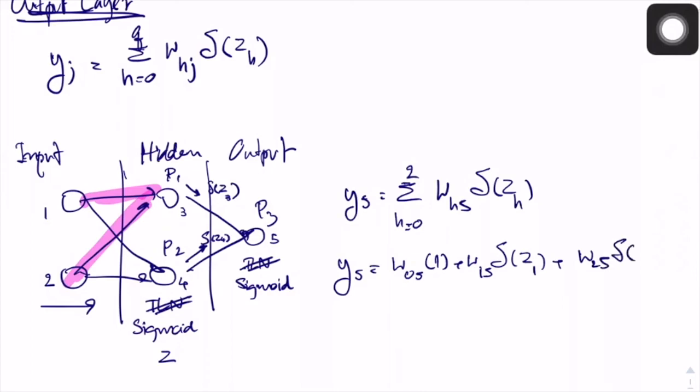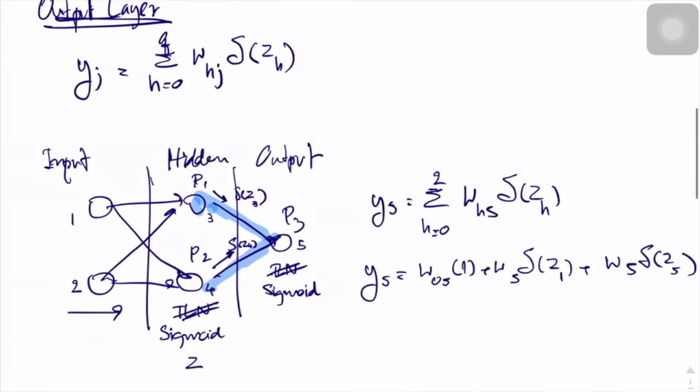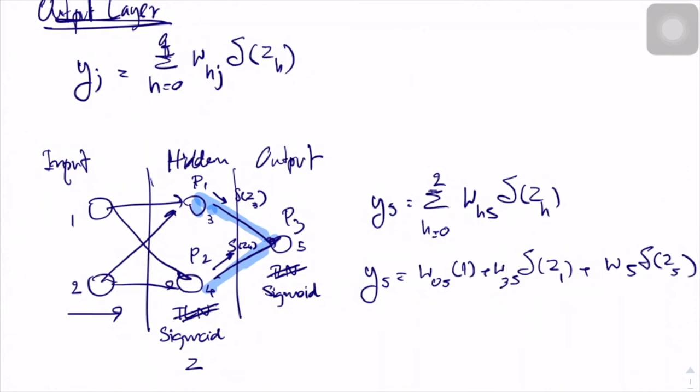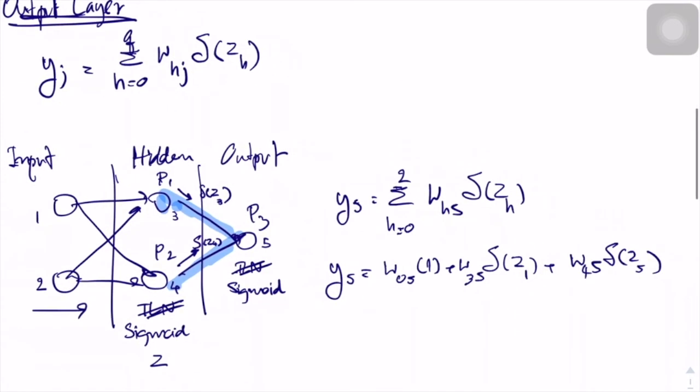W25, that comes from the node number 2 from hidden, times signal of z, that is the node output from the hidden number 2, and then we'll change it from node number 1 in hidden to node number 3, that is the global number, right? Okay, and then W45, that is the weight from the node number 4 to node number 5.